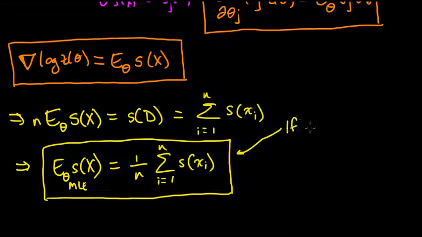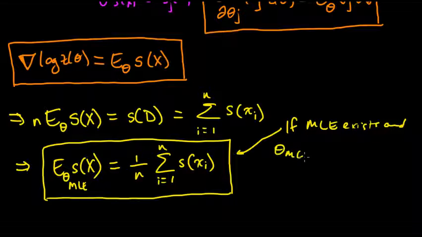So I was assuming that the MLE exists and is in this set, capital theta, actually in the interior of capital theta, right? So I was assuming that it existed, and then if there's a critical point and is in the interior, because if the MLE is in the interior, then it is a critical point.